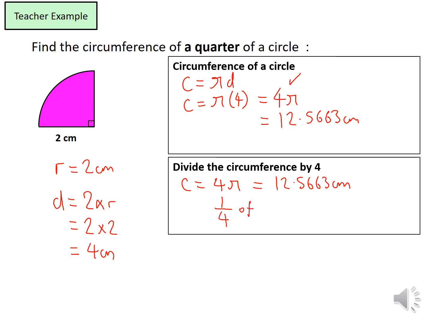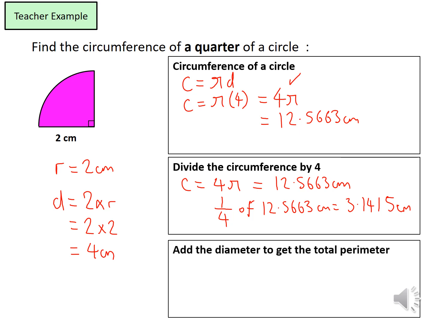So a quarter of 12.5663 centimeters is equal to 3.1415 centimeters.